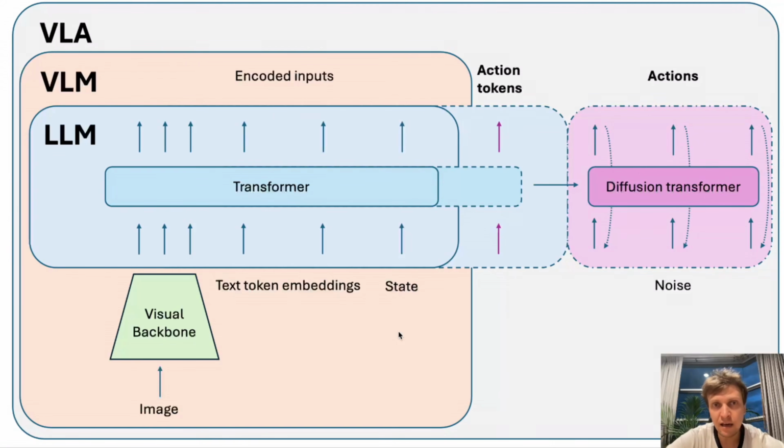And the main idea behind it is that, as I already mentioned, LLMs are pre-trained on a ton of text data. So they already have a lot of knowledge about the world incorporated into the LLM. The visual backbone is also trained on a huge amount of images, and it learns how to extract very important patterns or information from these images.